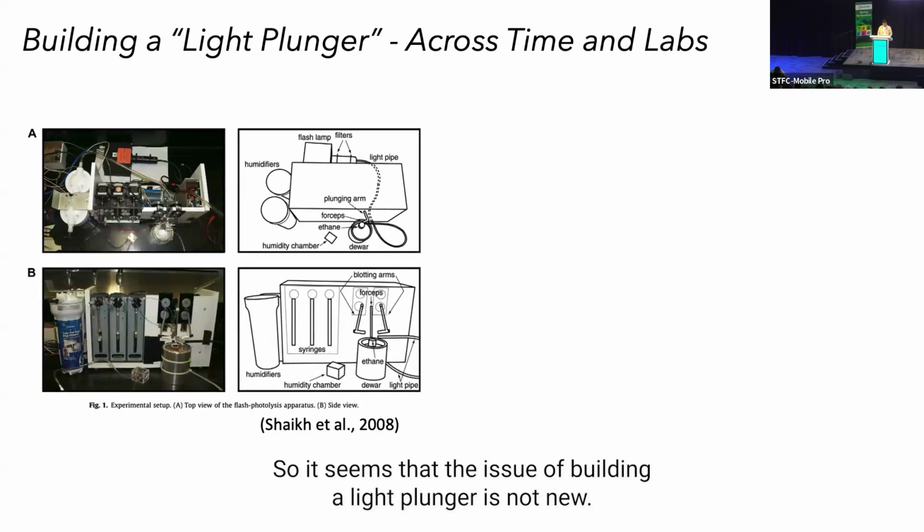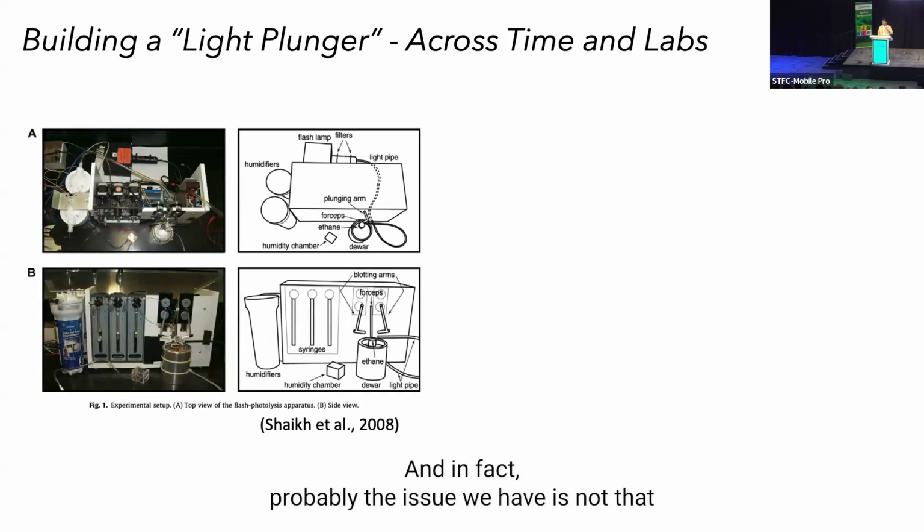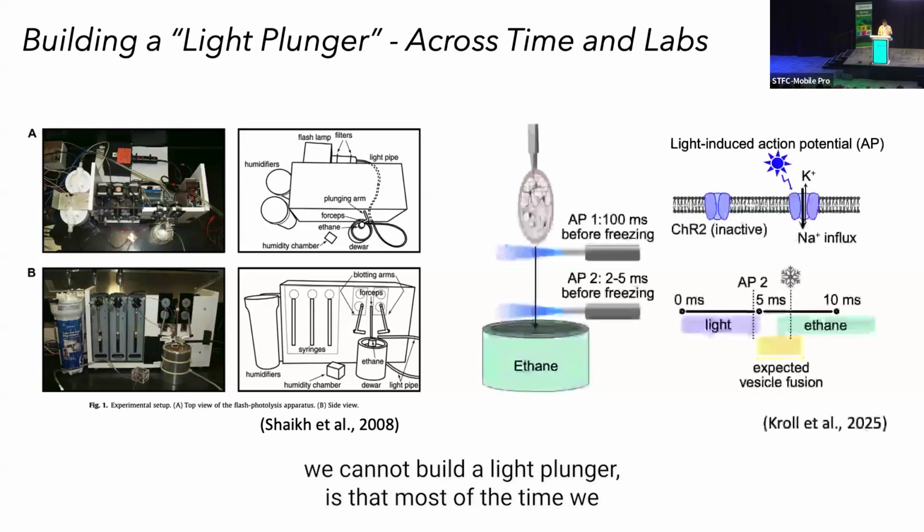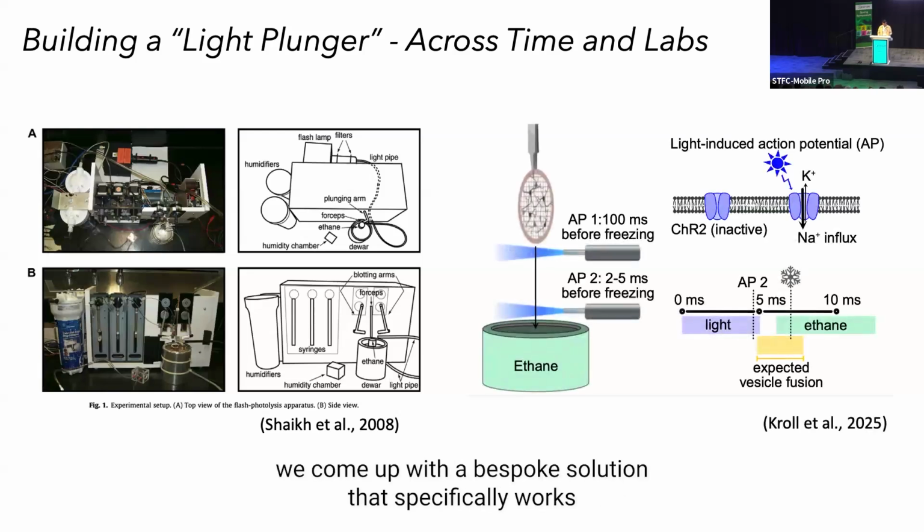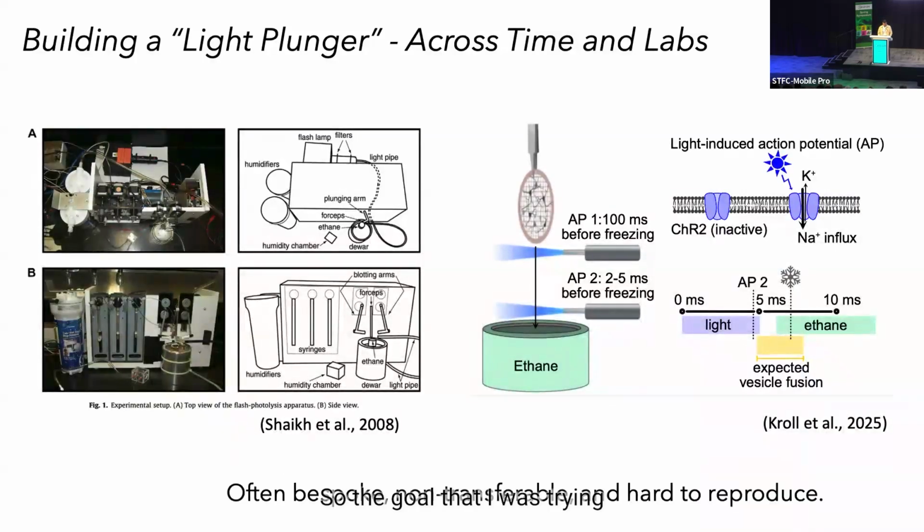So it seems that the issue of building a light plunger is not new, and in fact, probably the issue we have is not that we cannot build a light plunger, is that most of the time we come up with the bespoke solution that specifically work for our scientific question on our instrument, and that are not easily transferable or reproducible. So the goal that I was trying to tackle again was to build a light plunger myself.